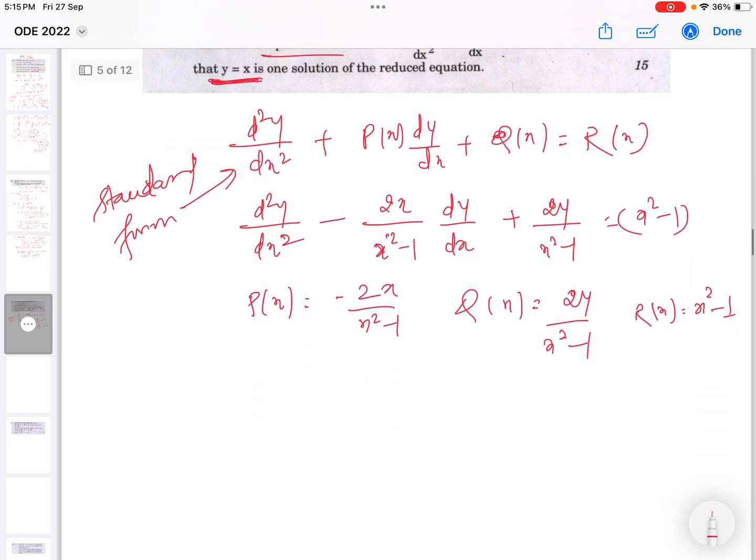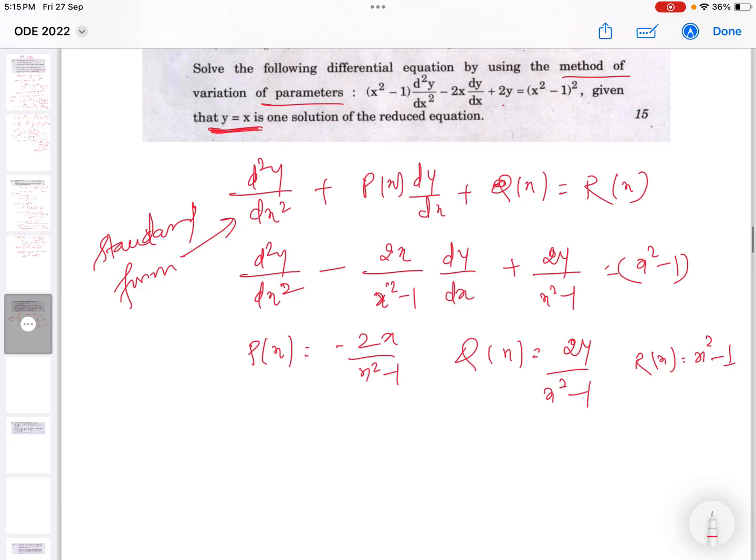Fine. Suppose this solution had not been given. Then what we can do is just hit and trial. If a square plus ap plus q is 0 for some a belonging to the real numbers, then y equals e raised to the power ax is one of the solutions.